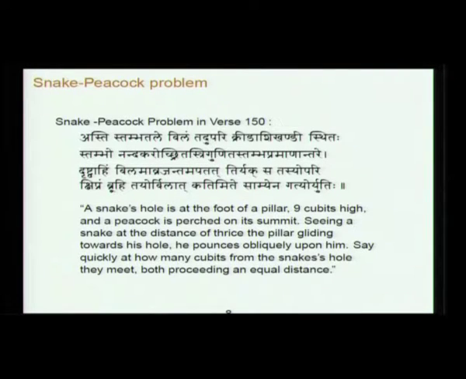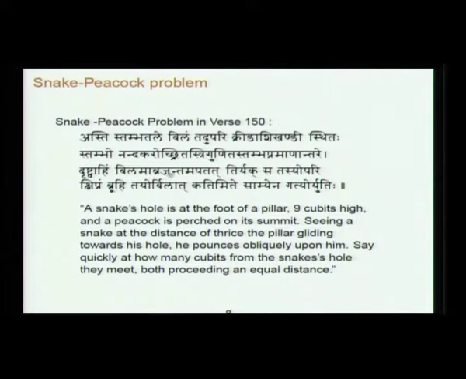Then again you have this famous snake peacock problem in verse 150. Asti sthambatale bilam tadupari krida shikhandi sthitaha sthambo nandakarochita trigunita stamba pramanantare.